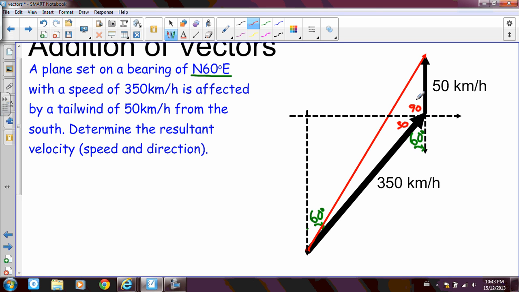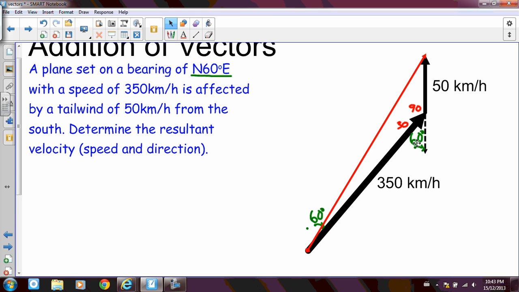So the trickiest part of these types of questions will be figuring out the angle that we have when it's not actually given to us. Now, once I have that, some of these extra lines, and even this extra angle, I've essentially got 120 degrees in here, 50 up here, and 350 down here.